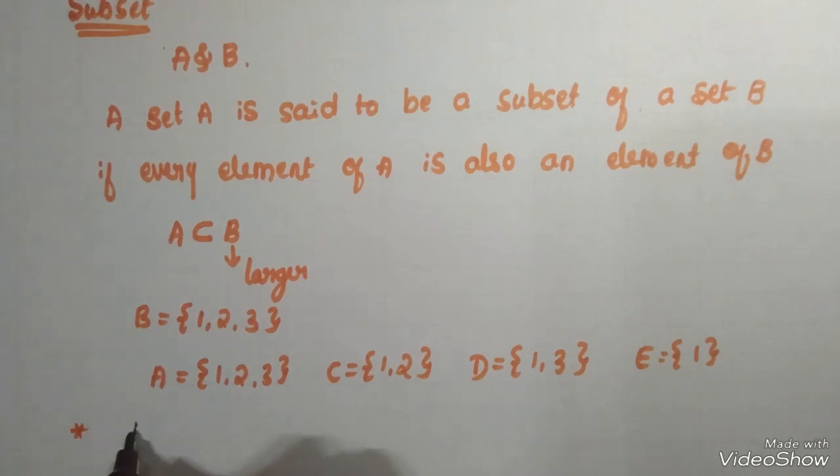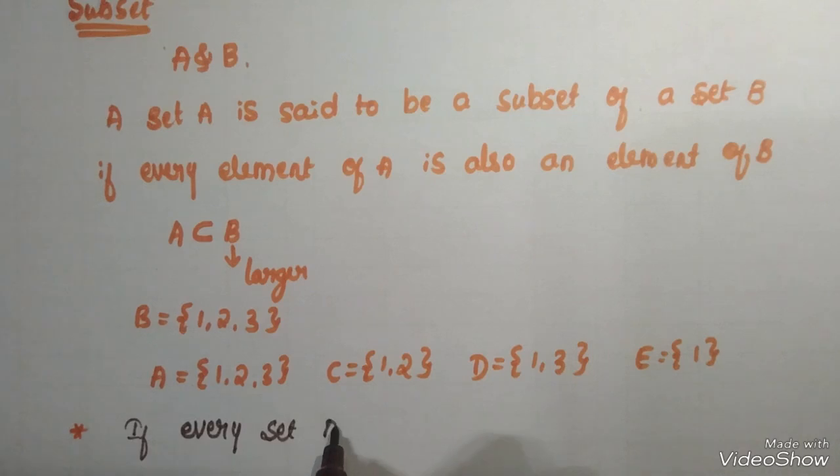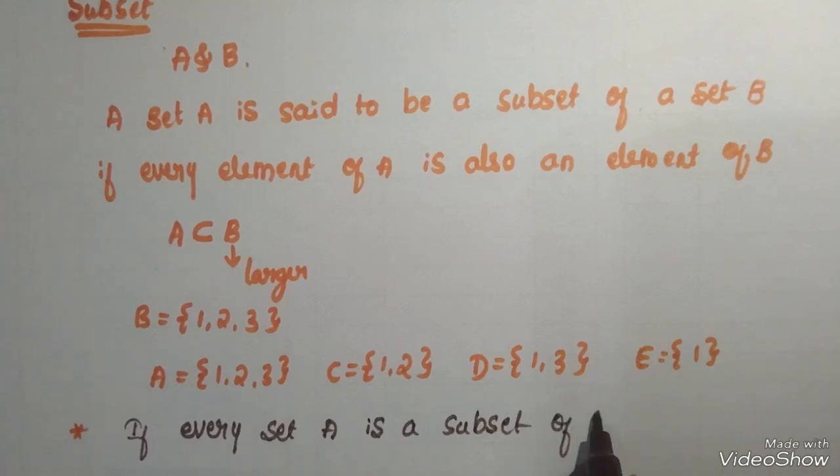Every set A is a subset of itself. Here A is a subset of A because A contains every element of A; both sets have the same elements.